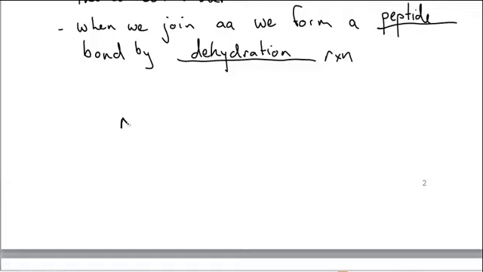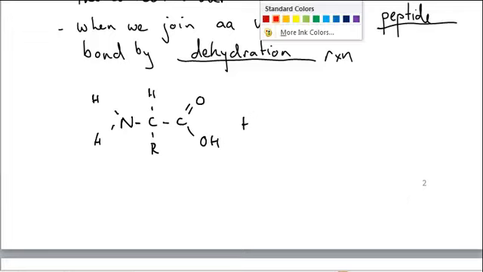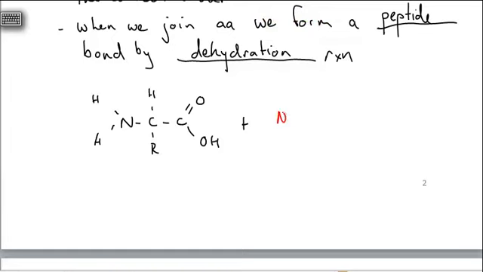So we'll have first amino acid, H, plus your second amino acid. You should be starting to get fairly quick at drawing out your amino acids.